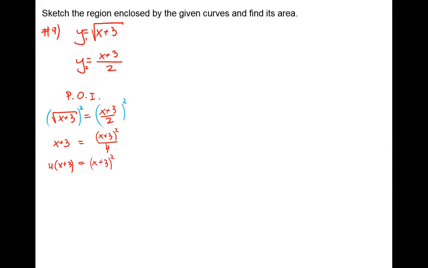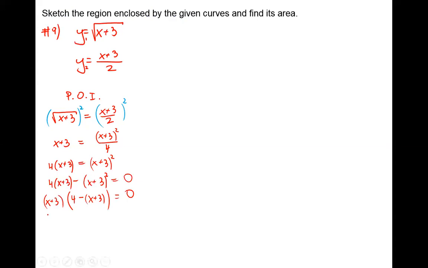Okay, that's squared. And I will subtract x plus 3 squared from both sides, and then I can factor out the common factor, which is x plus 3. Then 4 will stay here, and another x plus 3 will stay from the second term, because I pull out x plus 3.